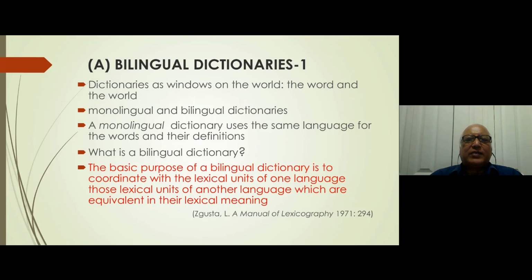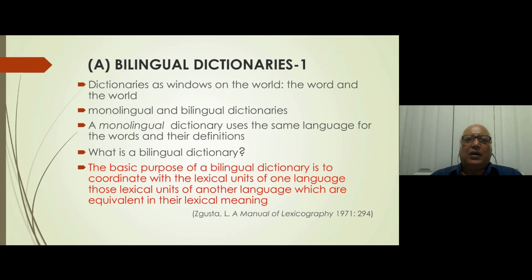There are different categories, but I think for our purpose, we need to look at monolingual and bilingual dictionaries and their definitions. The monolingual dictionary uses the same language for the words and their definitions. So the entry word will be in the language. Let's say in Assamese, we have a word entry, and then it will be explained in elaborate terms, exemplified, and so on, and its different senses will be distinguished.